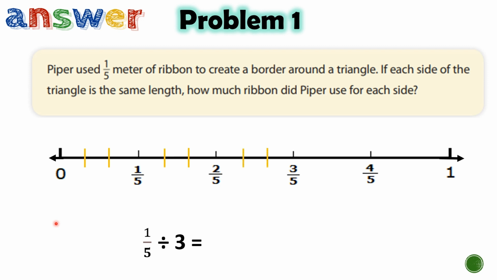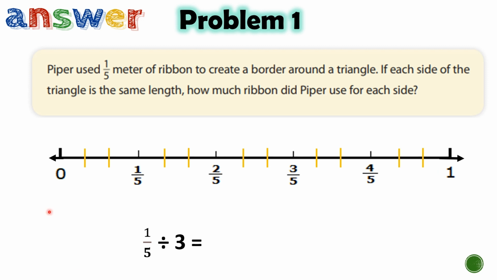So there we have it. So in all, for the entire meter, we'll have 1, 2, 3, 4, 5, 6, 7, 8, 9, 10, 11, 12, 13, 14, 15 pieces.